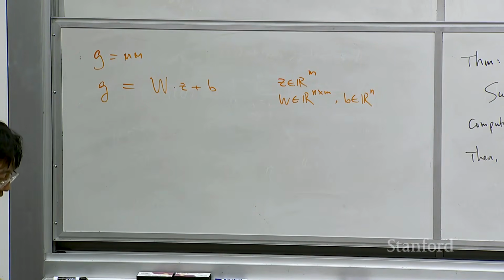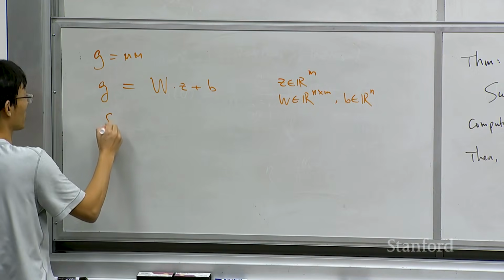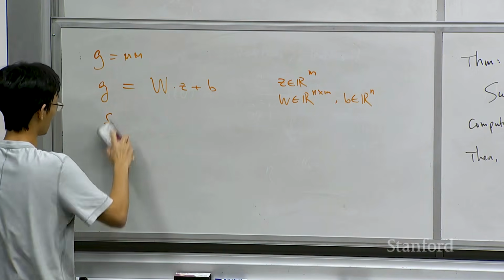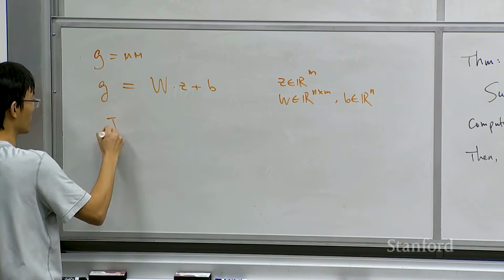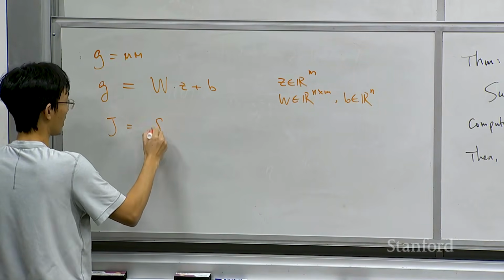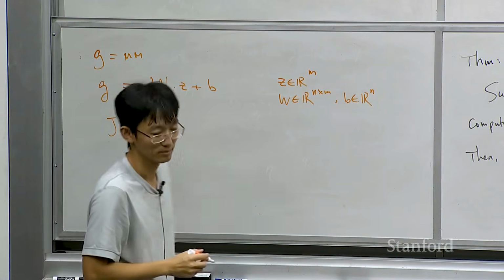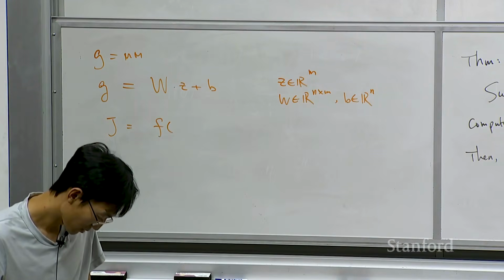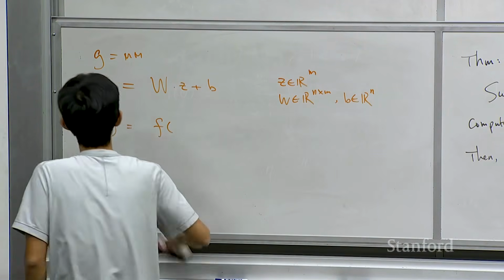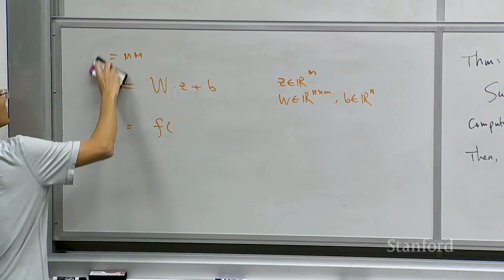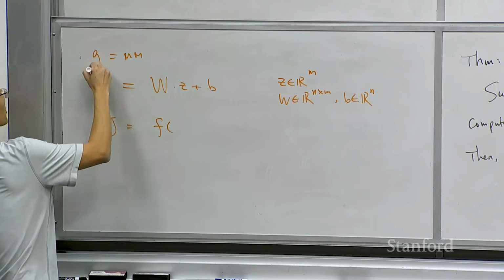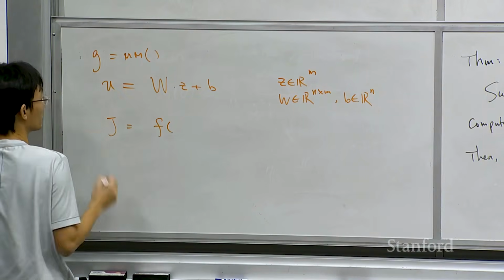And here, one thing we have to think about is that when we have some function f, your final loss function J is some f of, let me use u here. So g, this function is matrix multiplication, but the variable I called u.